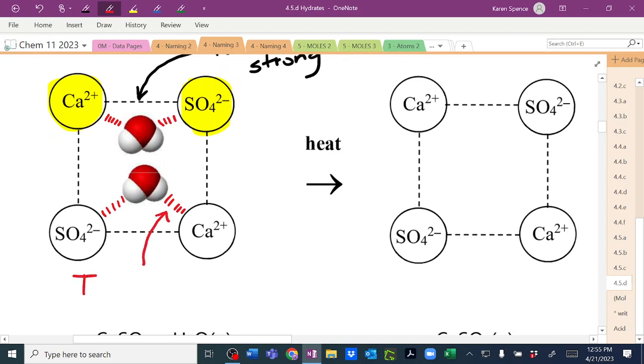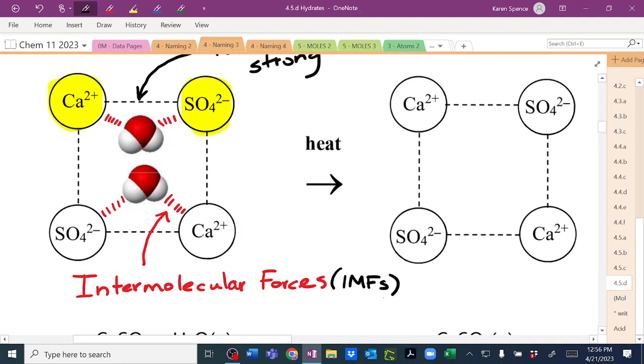Those are the intermolecular forces, also known as IMFs. Are those strong or are they weak? They are weak.